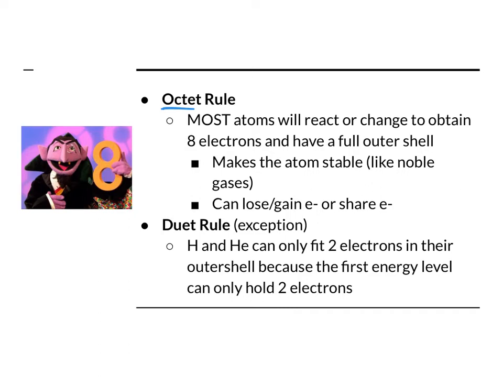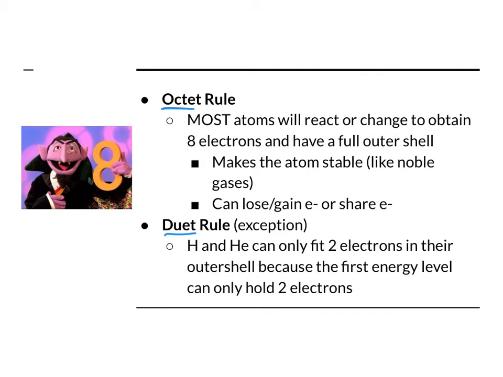By having a full outer shell, it makes your atoms stable, and they're going to be more like the noble gases. So they strive to be like the noble gases because the noble gases are super stable. Now your atoms are basically going to lose or gain electrons or share electrons with other atoms to make this happen. There is also something called the duet rule, which is an exception to your octet rule.